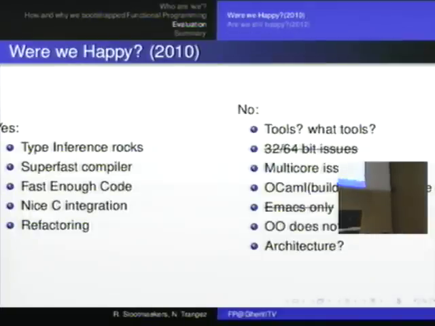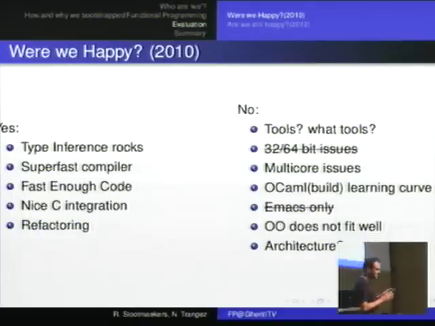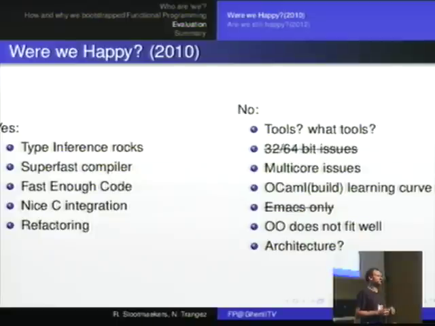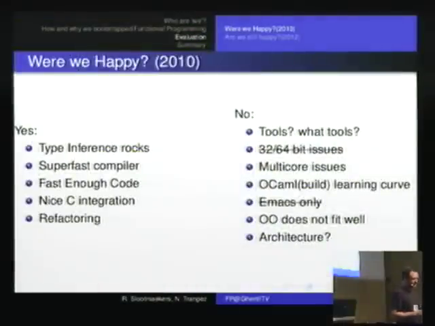So were we happy? Back then, in 2010, yes, we were happy. Type inference is a really powerful tool. It says a lot of things. Basically, it's like this neo-Nazi that beats you and says, no, this is wrong, this is wrong, this is wrong.